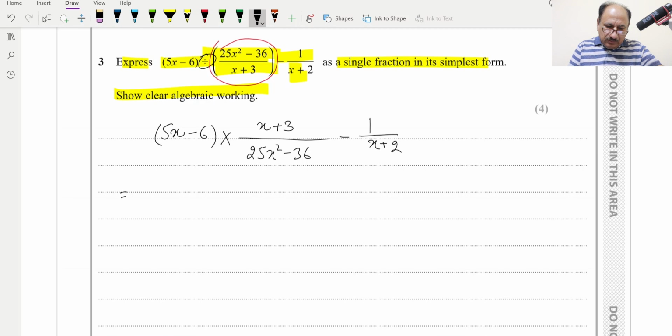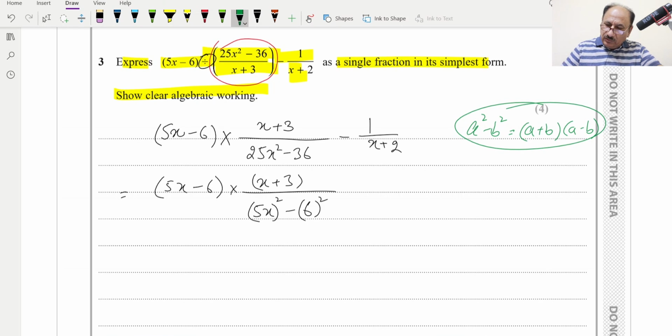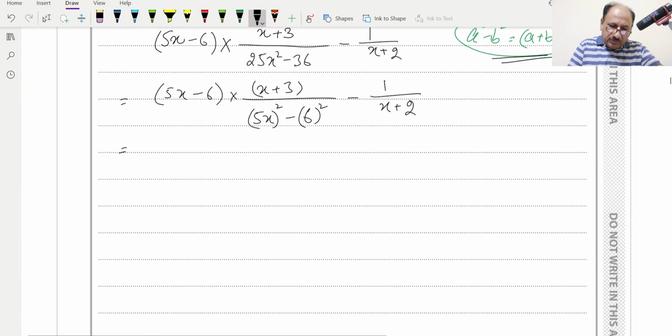Now we can rewrite this as (5x minus 6) multiplied by (x plus 3), in brackets, over 5x whole squared minus 6 squared, and we can apply the formula here, a squared minus b squared equals a plus b into a minus b, and minus 1 over x plus 2 we will copy as it is.